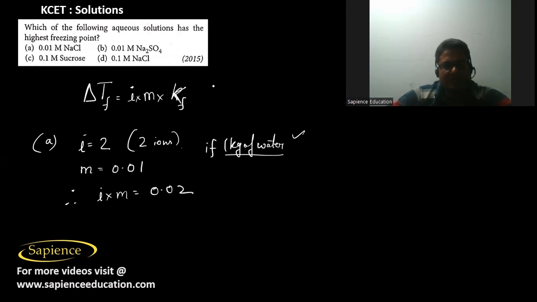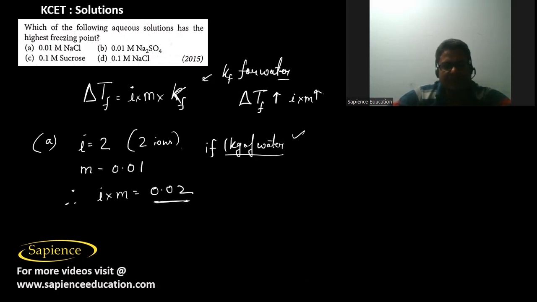So here the Kf for water will be constant for all the solutions. So it means that the depression in the freezing point will be higher if the I into M value is higher.